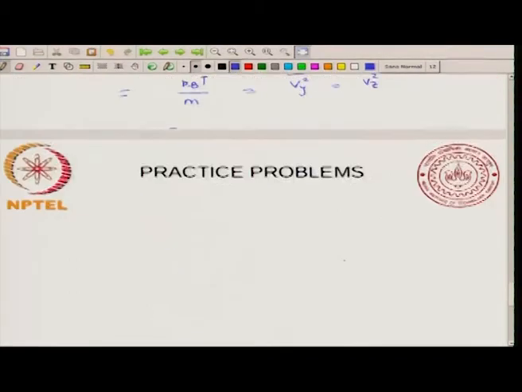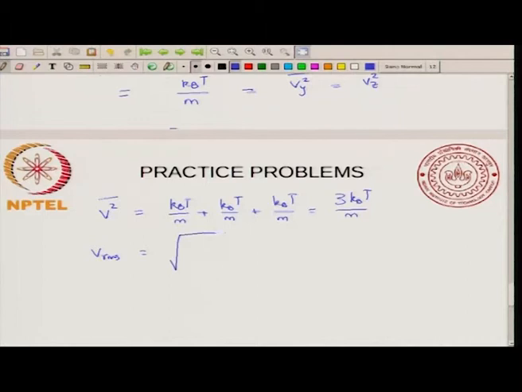Then, the average of V square is kBT by m plus kBT by m plus kBT by m, equal to 3 kBT by m. Or Vrms is equal to the square root of 3 kBT by m. So, this tells you what Vrms is.